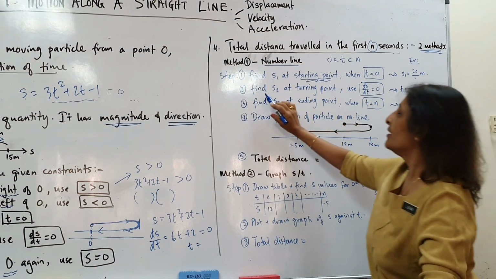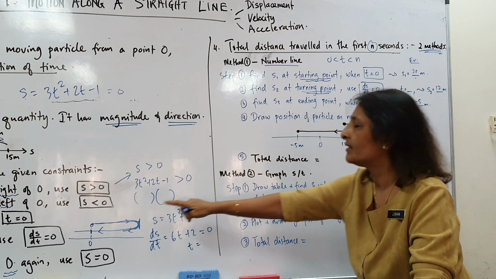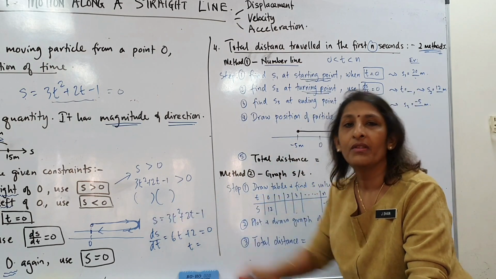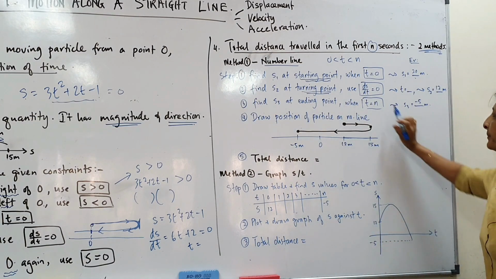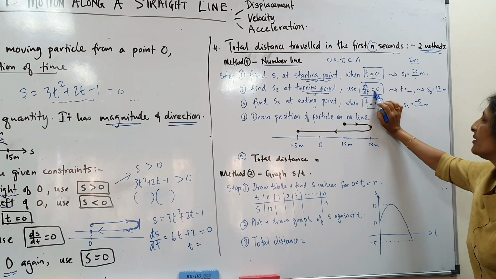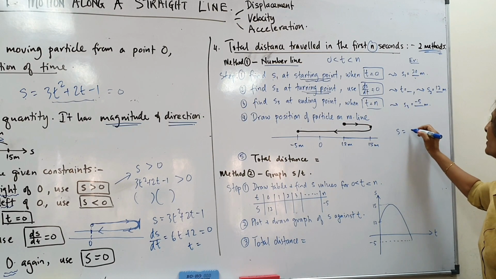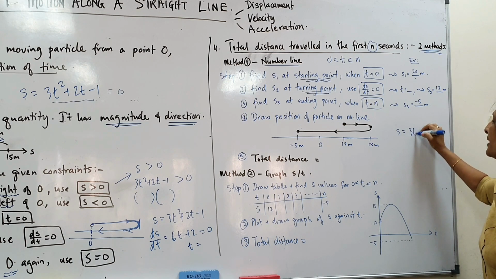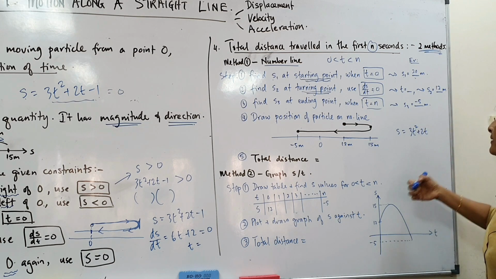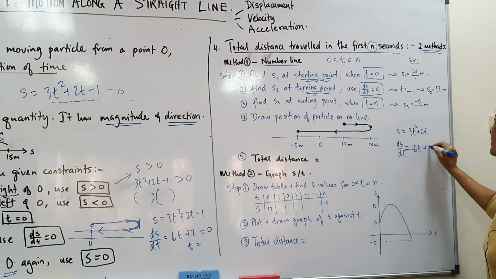Then next, you find s at the turning point. The magic word is turning point, so we use ds/dt equals 0. You differentiate the s and put it equal to 0. For example, ds/dt equals 60 plus 2, make it 0 and you find the t.